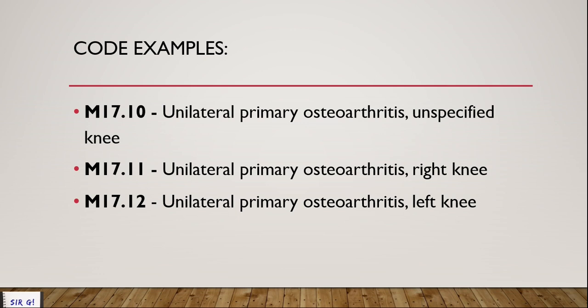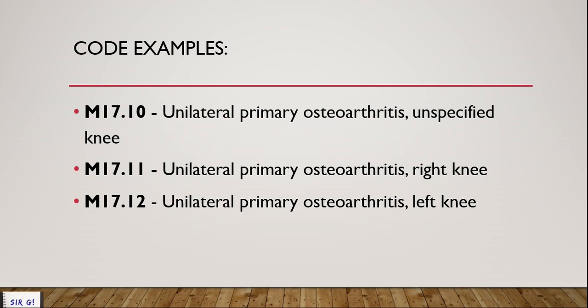If there's no specification at all, we may end up using unspecified. But sometimes we also need to use bilateral and unilateral, because remember, you have two parts, like your knees, your arms, and your joints, like the elbow. So codes are divided based on the anatomical location and the laterality.